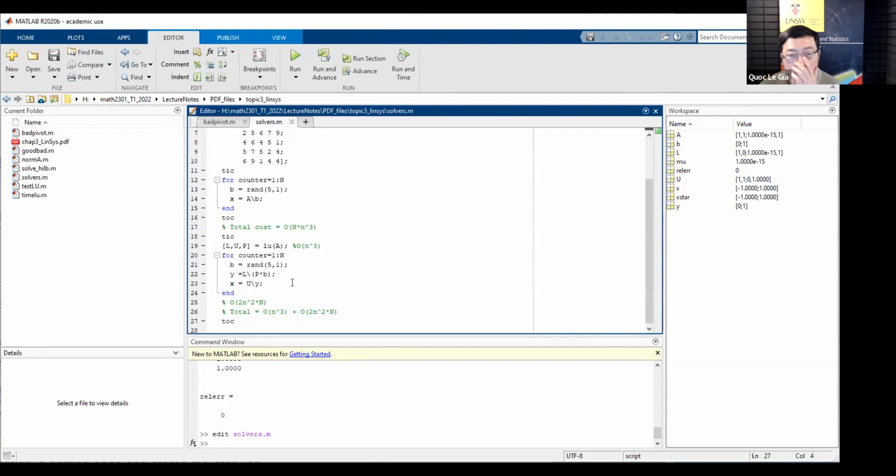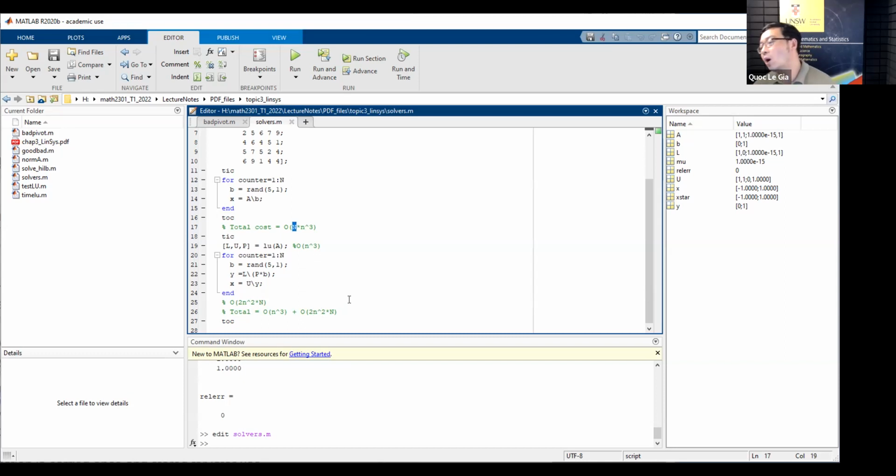And you can see that for very big capital N, this number will be bigger than this one. Because here you take N and multiply n cube, but here you take N and multiply only n square.